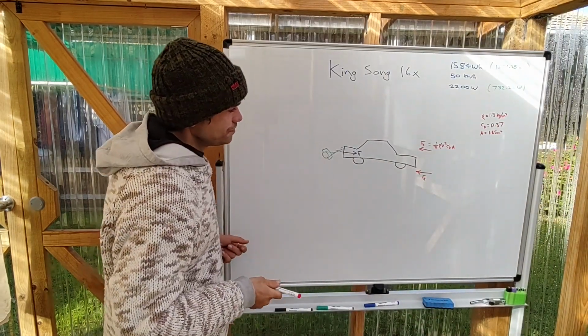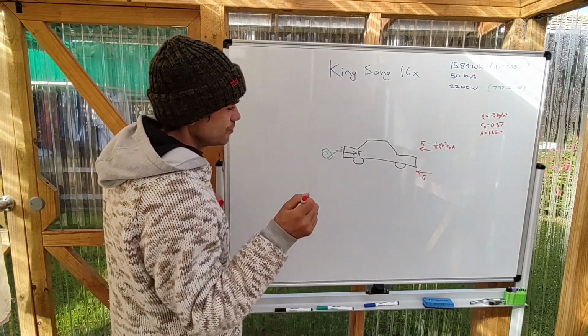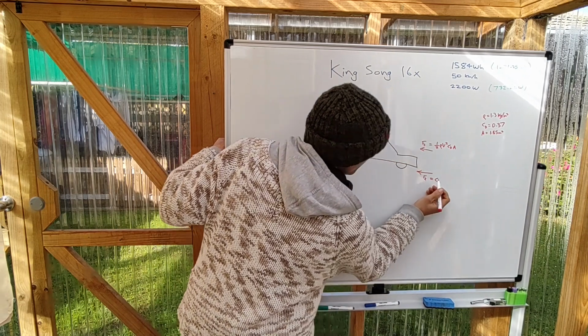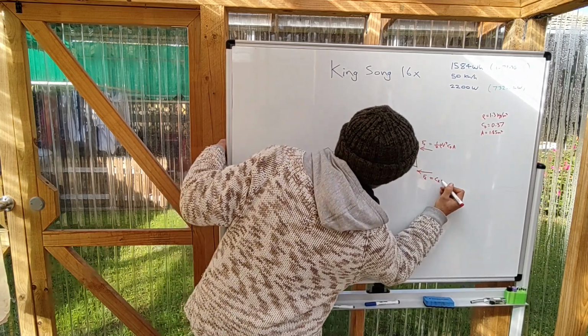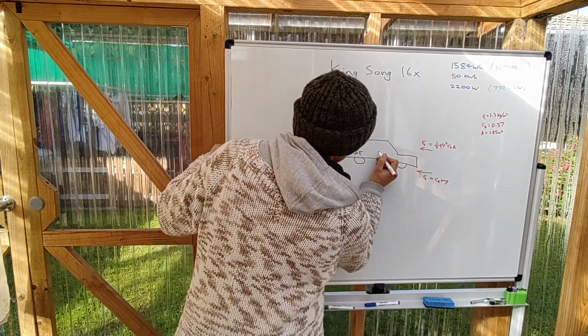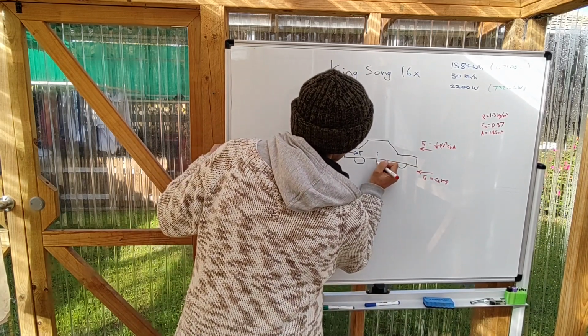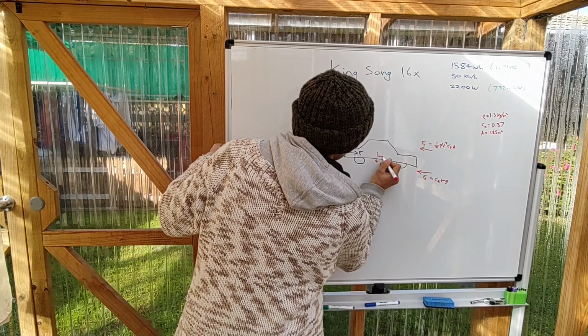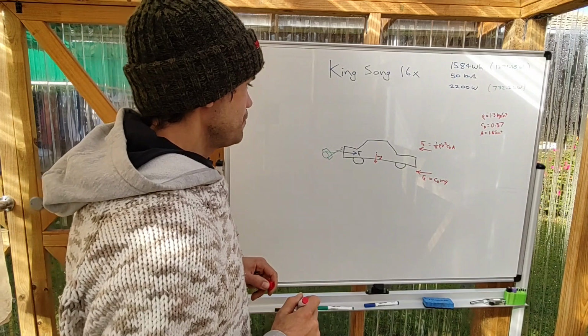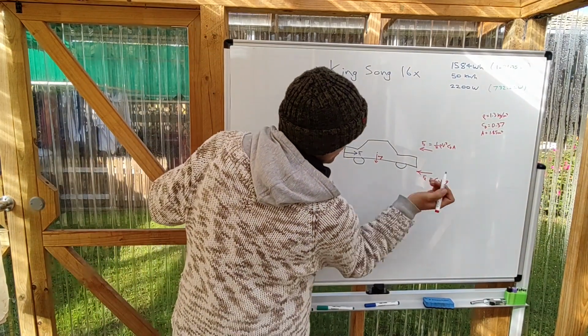Alright, so what's your rolling resistance? Well, it's a simple equation. That's just your coefficient of rolling resistance times your downforce, which is mg. Because you've got a downforce of mg acting on the vehicle, and the rolling resistance is just that.